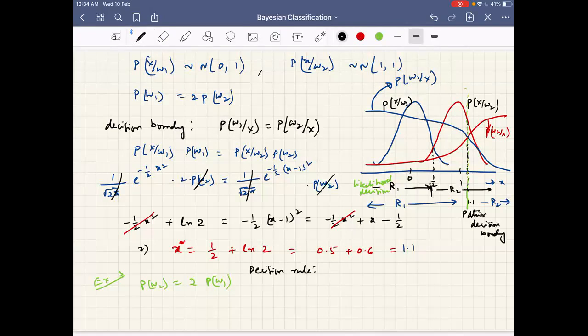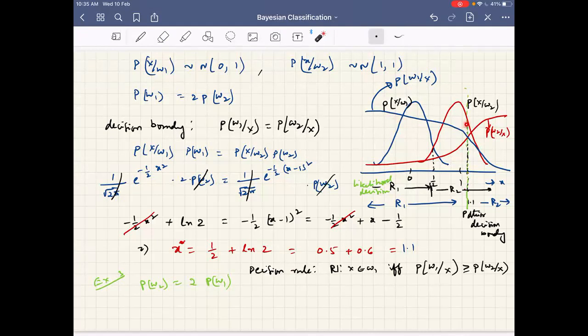The decision rule is: R1, that means X belongs to omega 1, if P of omega 1 given X is greater than or equal to P of omega 2 given X. So I am putting the samples up to here into the omega 1 class.